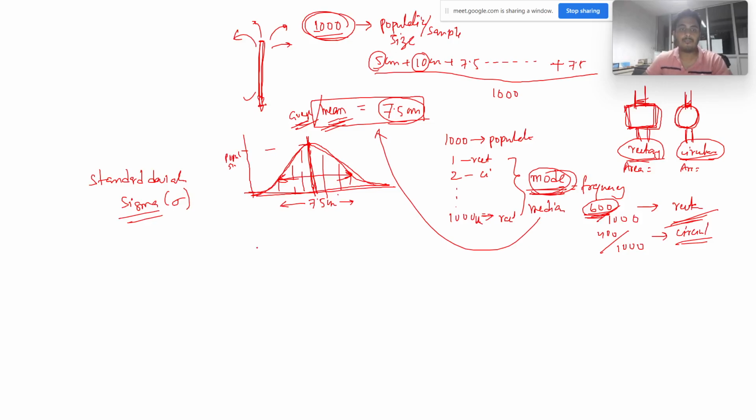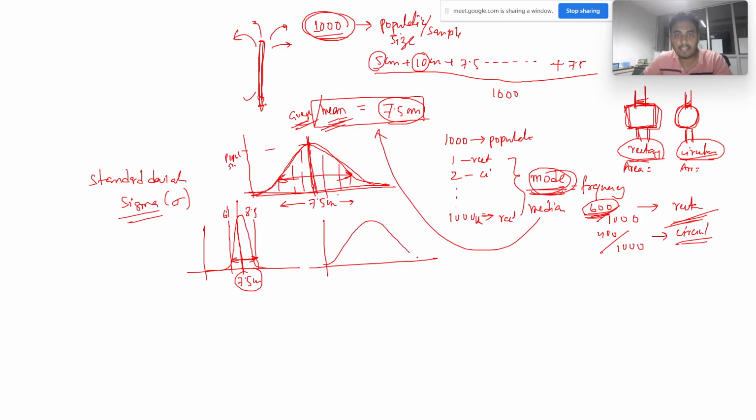Let me redefine again. For example, if you find a pencil has very low variance, very low standard deviation, that means the variation from 7.5 is very less. That means you get either 8.5 or something like 6.5. So this is low variance.